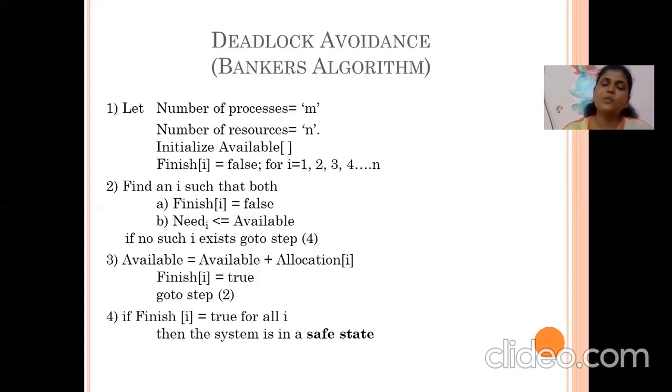Otherwise, if the system is not in the safe state, considering that it may lead to deadlock, we will do some corrective action so that we can avoid the deadlock situation. So this way, Banker's algorithm can be used for deadlock avoidance.